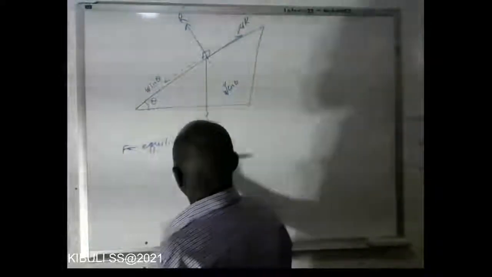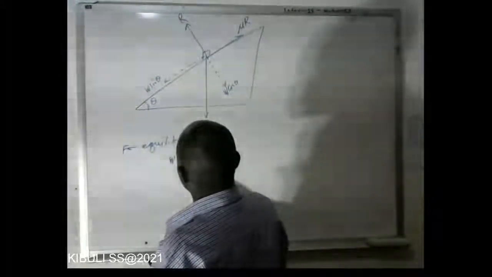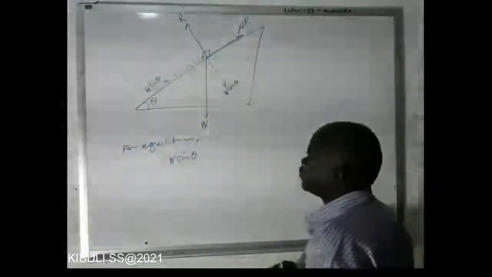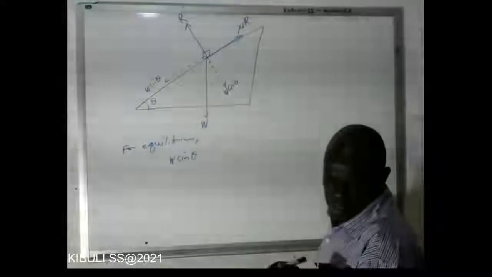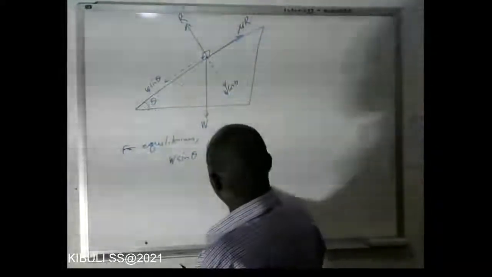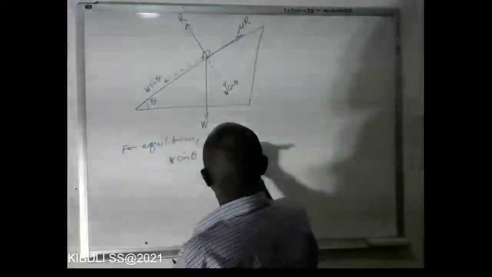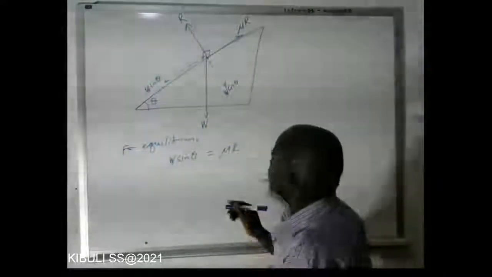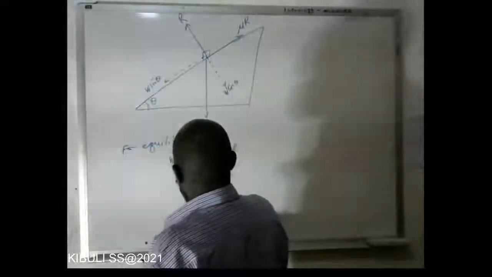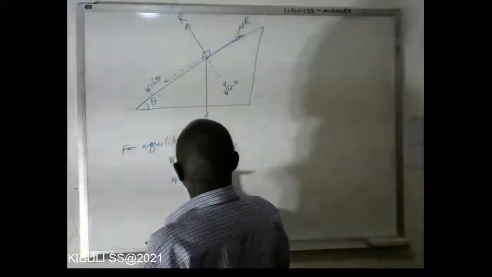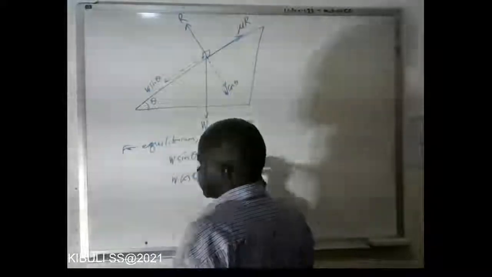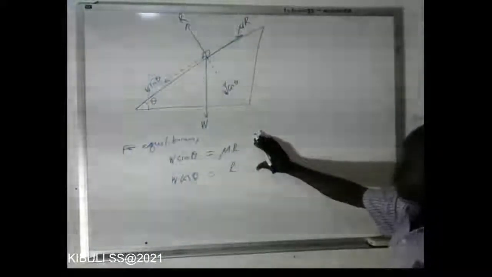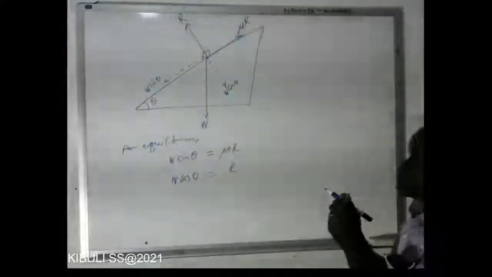So for equilibrium, W sine theta must be equal to mu R. That is for equilibrium. And then W cos theta must be equal to R. So these are the conditions for the body to be in equilibrium.